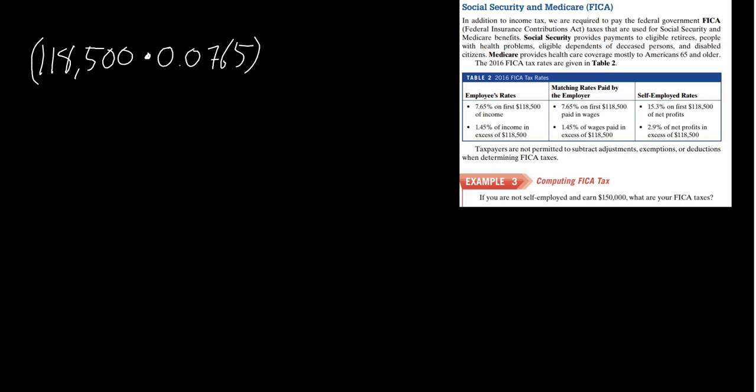And everything over $118,000, and if I make $150,000, then that would be 31,500. So plus 31,500 is being taxed at a rate of 0.0145.